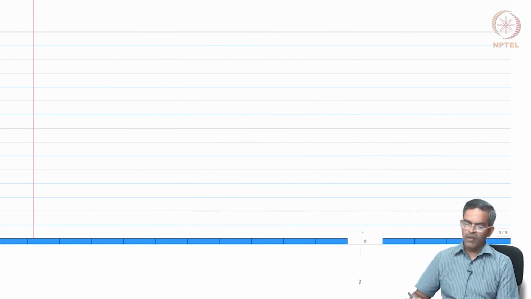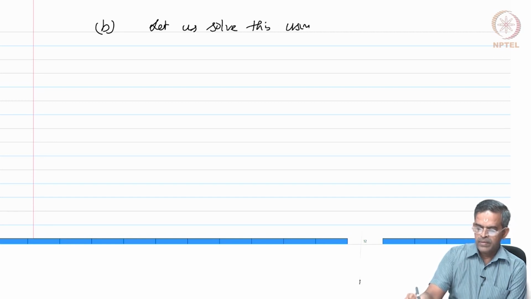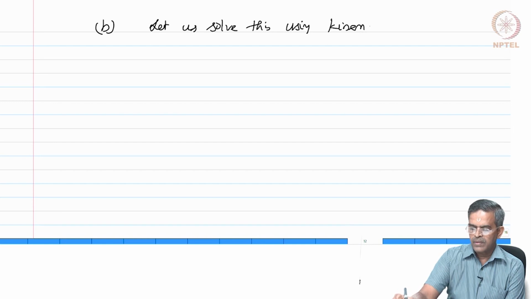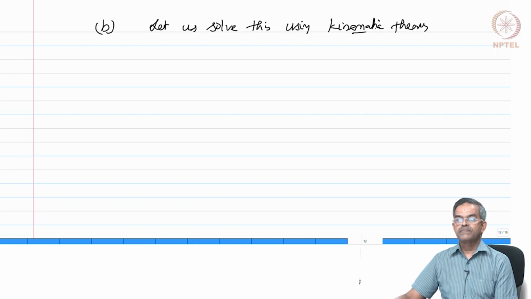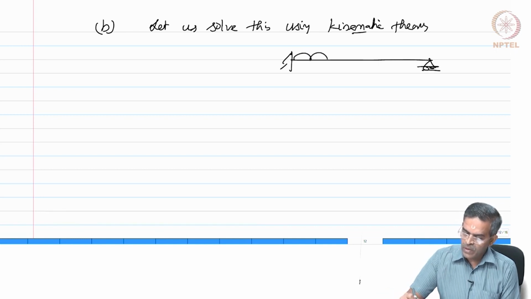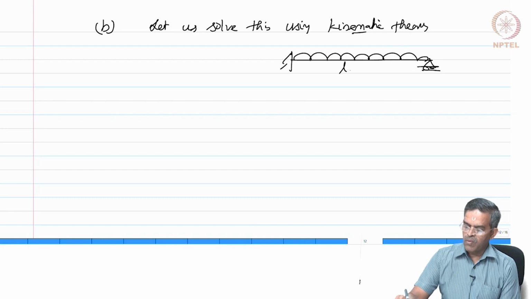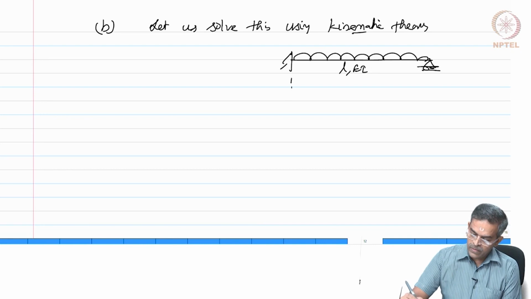Let us try to solve the same problem using kinematic theorem. Let us see, is it easy for us to use kinematic theorem in this case? So, kinematic theorem says for a propped cantilever under uniform distributed load over a span of L, EI constant, I have to draw the mechanism.